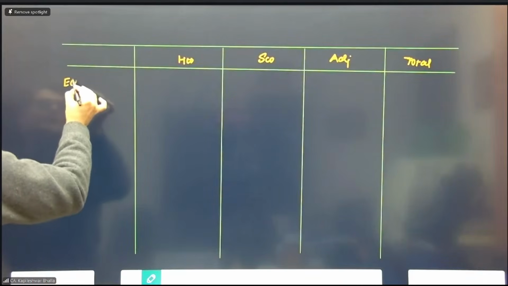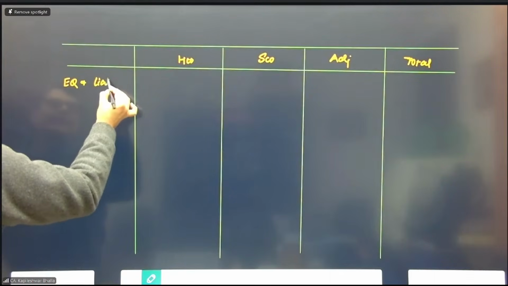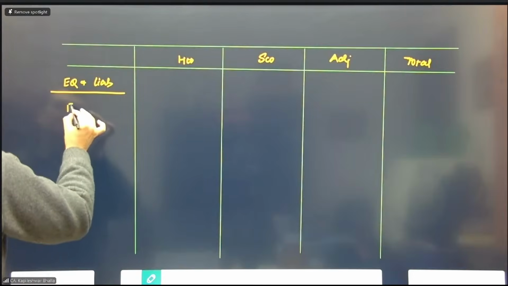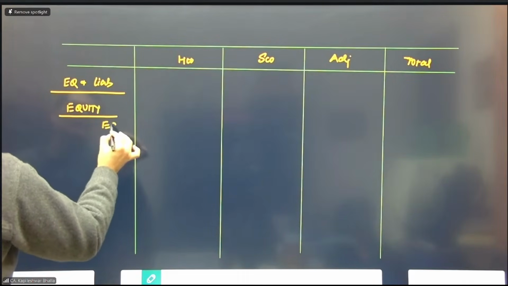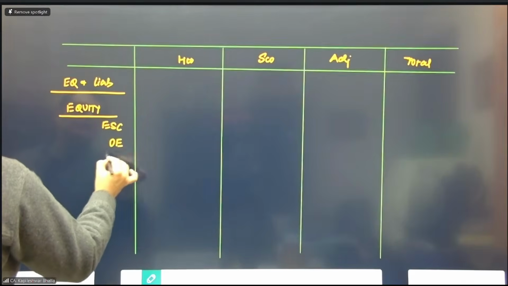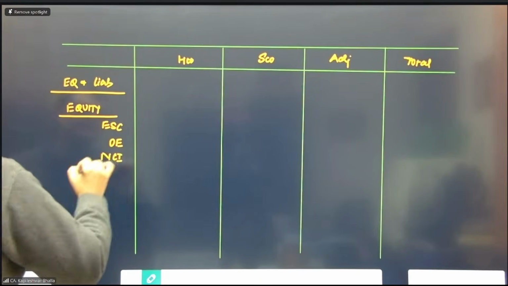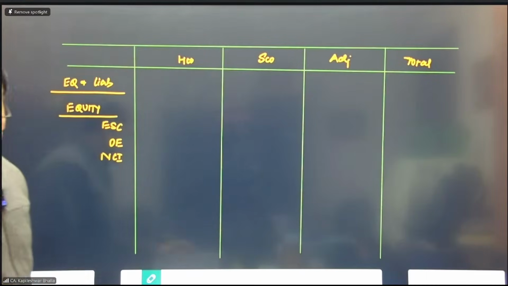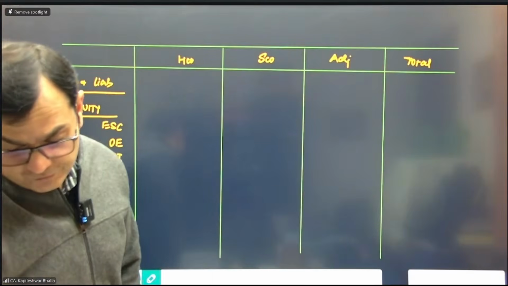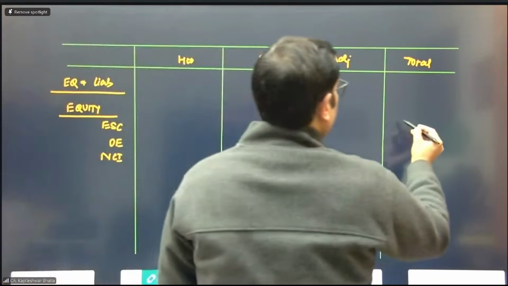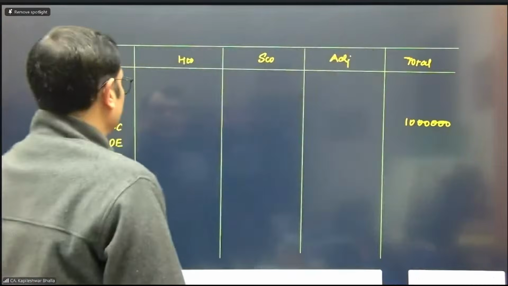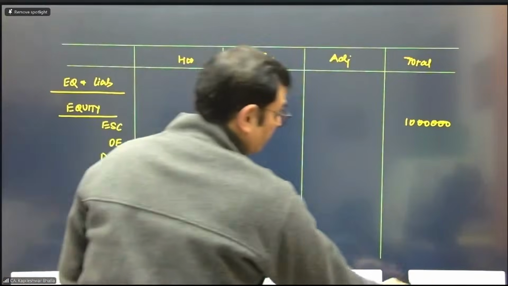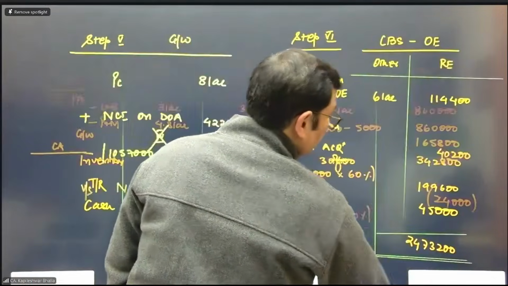So on the liability side, we've got equity and liabilities. So let's consider the equity. Equity share capital, other equity, and NCI, lest we forget. Share capital only for the parent company, that's 10 lakh. Other equity you can take from step number 6.